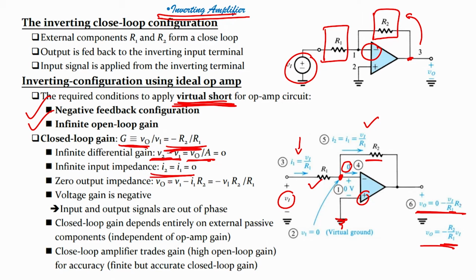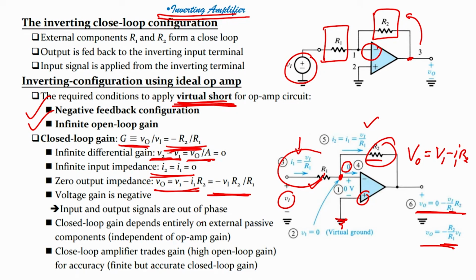Then I have 0 output impedance, that means my output voltage will be VO equals V1 minus I1 R2, because this is R2. If I substitute the value, I have output equals minus V1 R2 by R1.